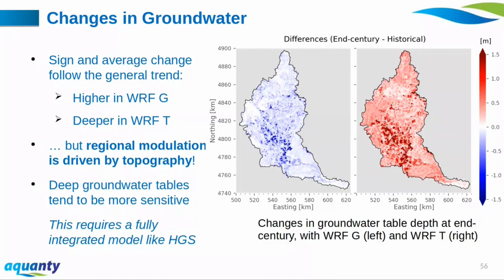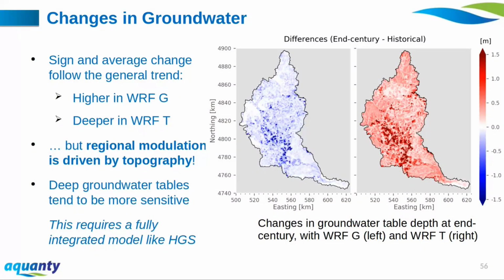So this is not really surprising, but what is interesting is you can see a lot of regionally very varied responses. There are some points where you see a large change in the groundwater table, in excess of 2 meters, right? Drop or increase in groundwater table, whereas in other regions you see very little change, especially in stream beds. As you get closer to the lakes, there's almost no change, right? And this is pretty interesting because it's modulated by topography, right?